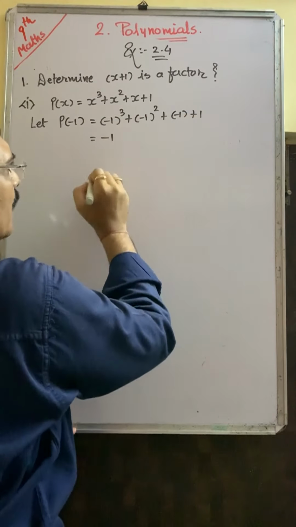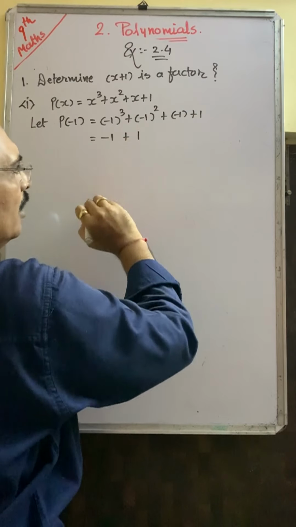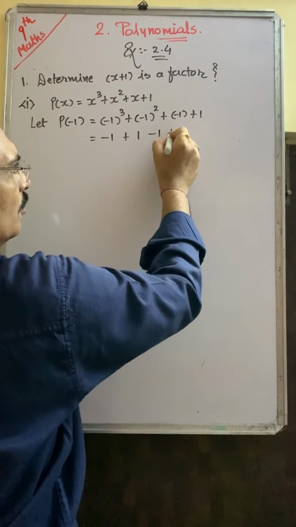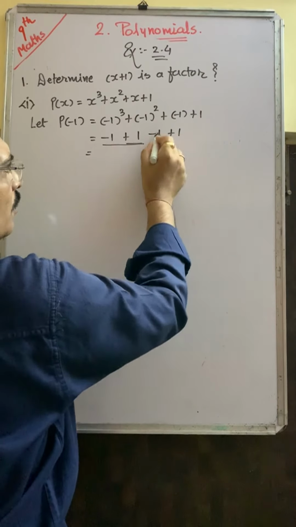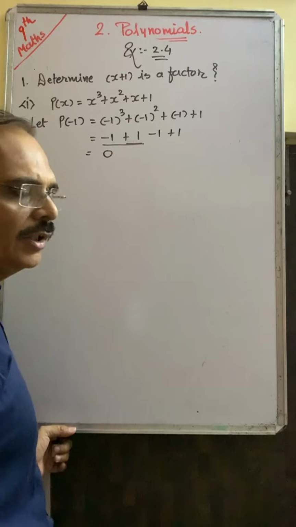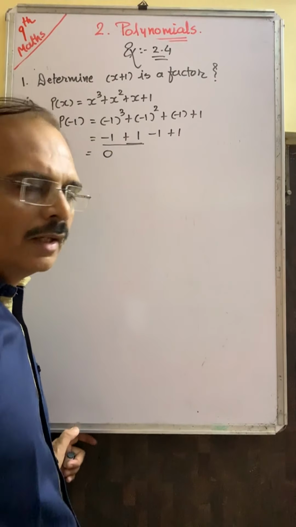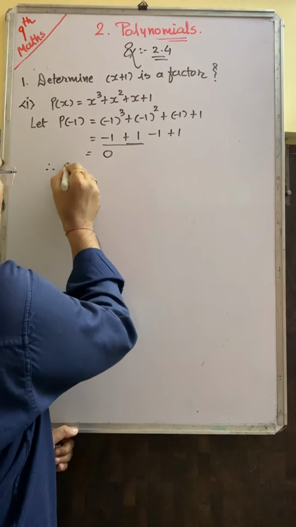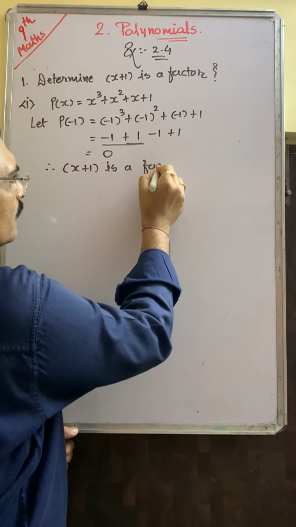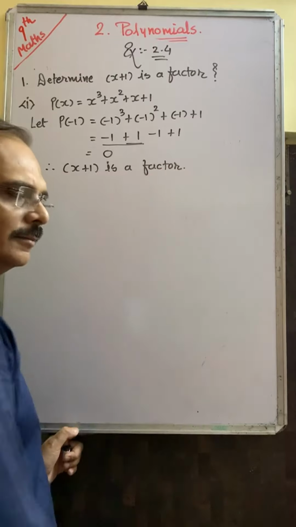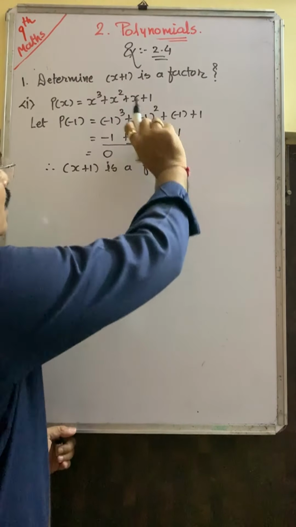Minus 1 cube is minus 1, minus 1 square is plus 1, plus minus minus 1, plus 1. See, plus 1 and minus 1 is 0, plus 1 and minus 1 is 0. So p of minus 1 is 0. If p of minus 1 is 0, you can say that x plus 1 is a factor. Is it okay? This is the simple method.